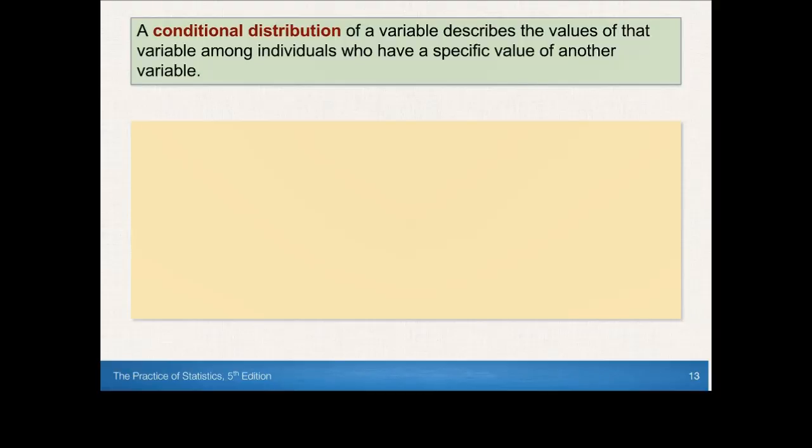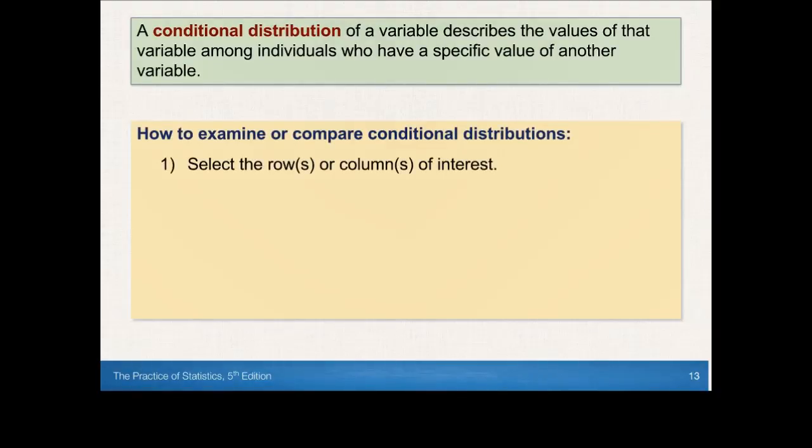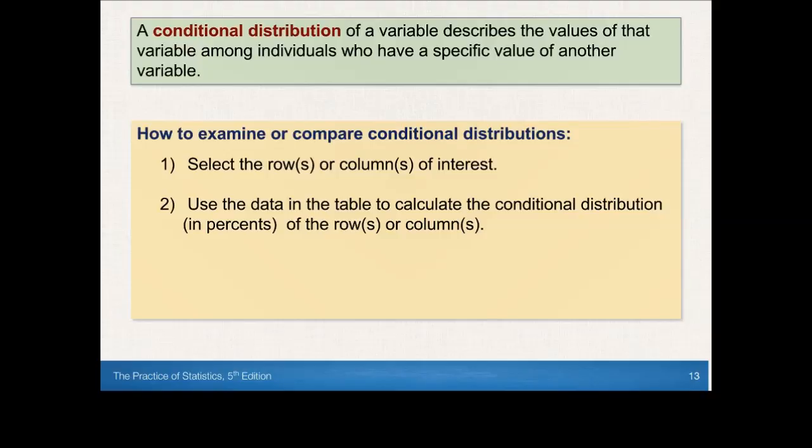A conditional distribution of a variable describes the values of that variable among the individuals who have a specific value of another variable. So to do that, we are going to select the row or column that we're interested in. We're going to use the data in the table to calculate the conditional distribution in percents of the row and the column. And then we're going to display it this time in a graph.